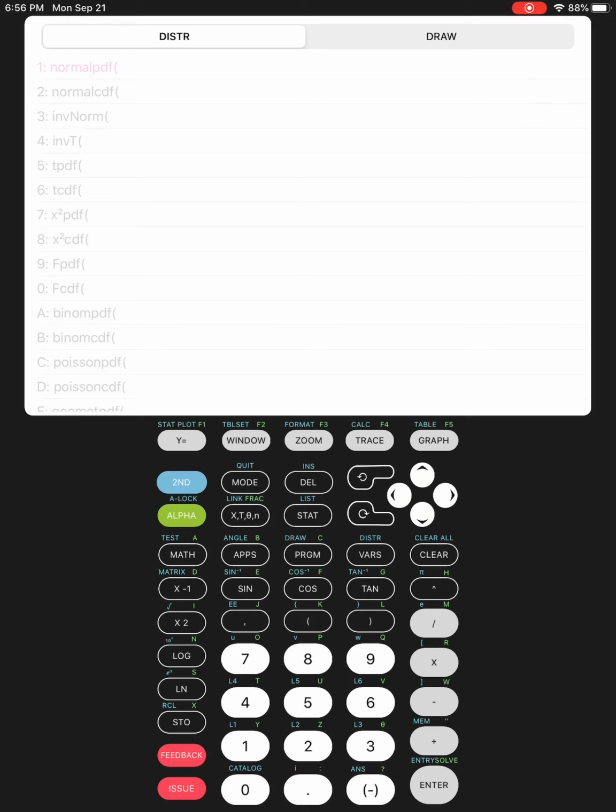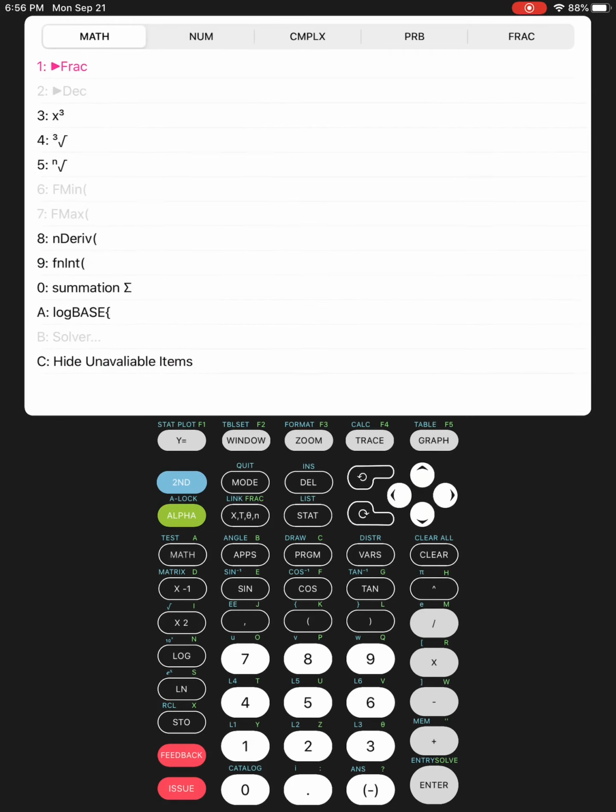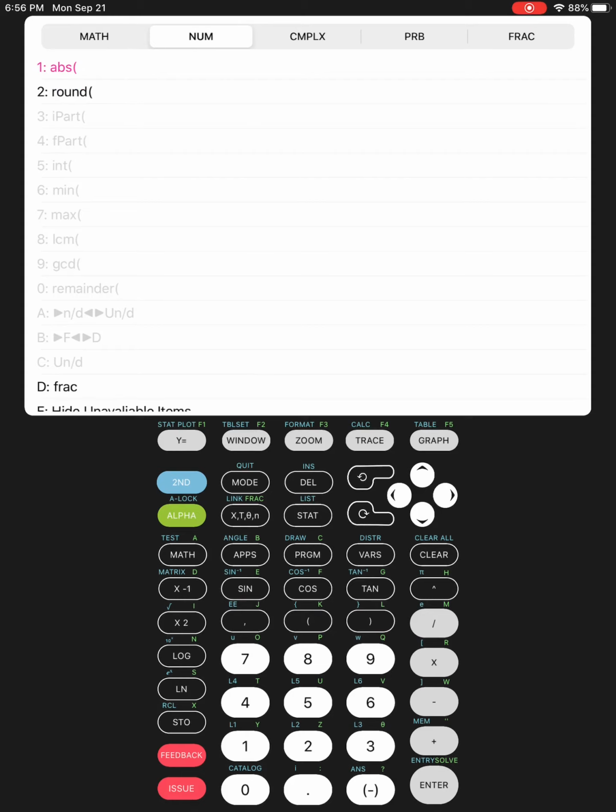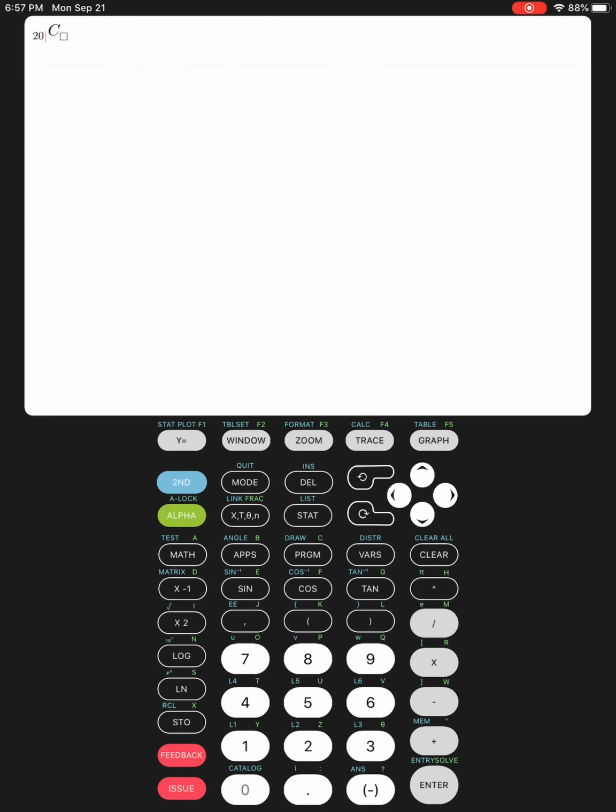We'll go on an adventure real quick and check on something else. Maybe it's under math. There we go. So n choose r, that guy there. If we wanted to do 20 choose 10, then we want 0.8 to the 10, and then we want 0.2 to the 10.